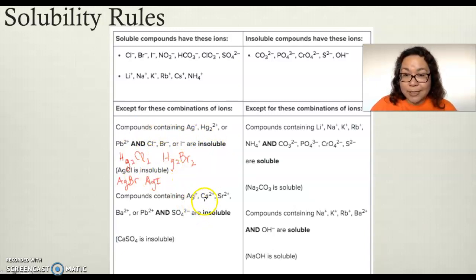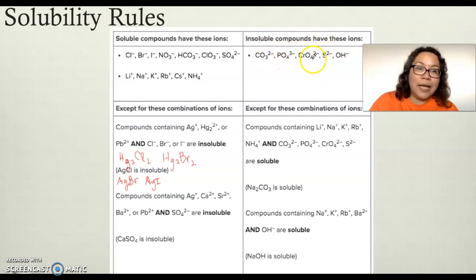And we've got more exceptions here. Again, silver, calcium, strontium, barium, and lead. If all of these are mixed with sulfate, it's also an insoluble precipitate. Now, the other side over here, these are the ones that are insoluble. We've got carbonate, phosphate, chromate, sulfide, and hydroxide.